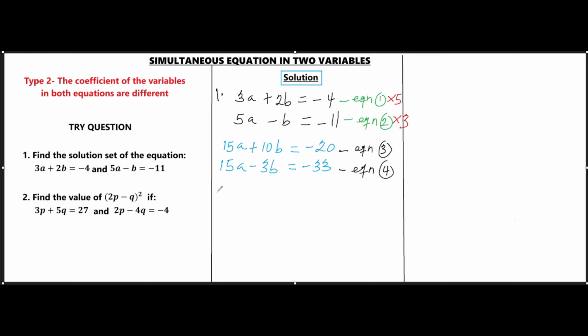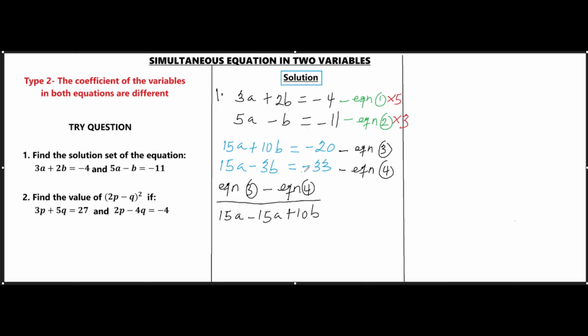So someone can say that, okay, let's do it this way. Equation 3 minus equation 4. Look at the rule, equation 3 minus equation 4. So equation 3, we have 15a minus 15a. For b, we have 10b. Here you have to be extra careful.